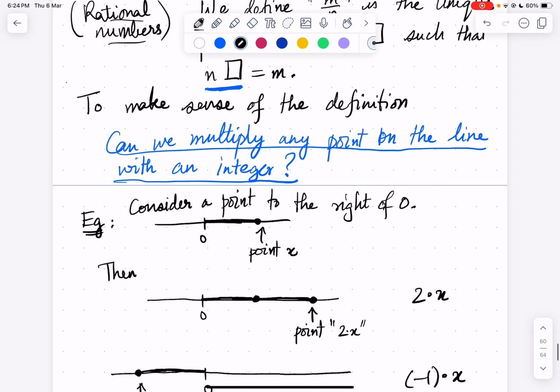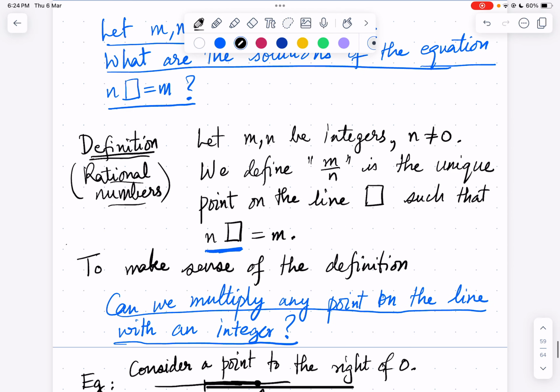So this point box is intuitively, and here existence of rational numbers is justified by intuition. Let me write it down.